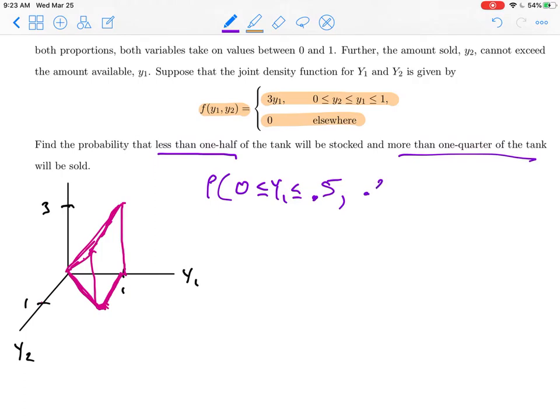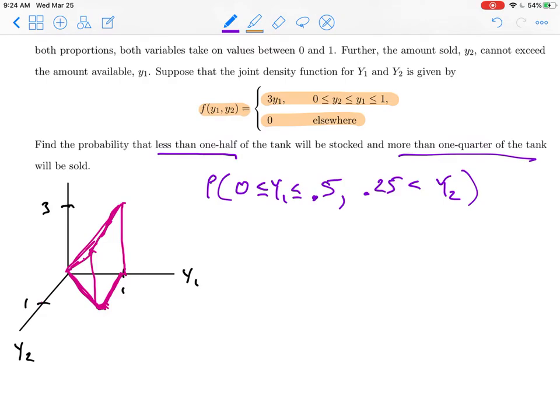So 0.25 is less than y2. Actually, it says more than 1/4, so maybe we'll take out the or equal to. All right, so that's what we want to find.